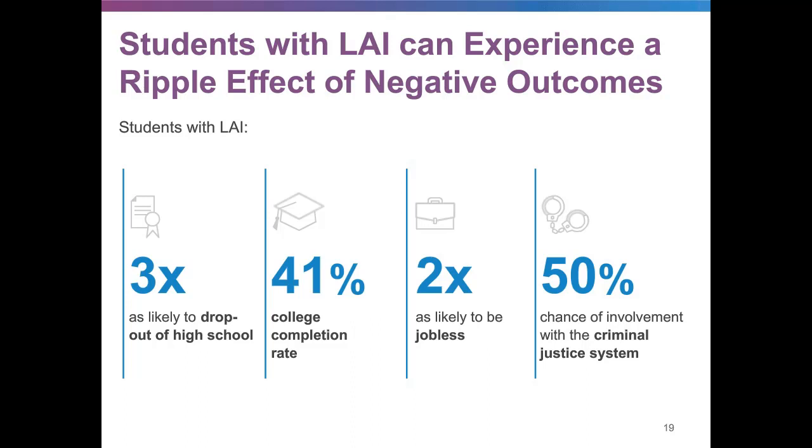And 50% are involved with the criminal justice system within 8 years. That is always, to me, the most stunning stat, that about half of kids identified as having a specific learning disability or kids with learning and attention issues interact with the criminal justice system within 8 years of graduating from high school.